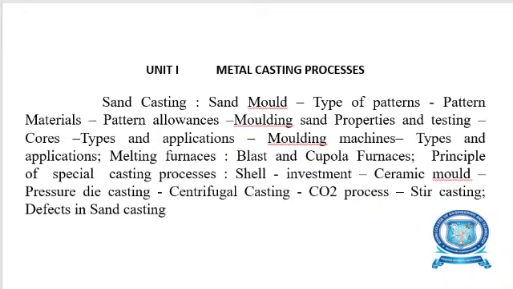Unit 1. Metal casting process. Contents are sand casting, sand mold, types of pattern, pattern material, pattern allowances, molding sand properties and testing and its applications, core type and its applications, different molding machines and their applications, melting furnaces like flash and cupola furnace, principles of special casting processes like shell casting process, investment casting process, ceramic mold casting process, pressure die casting process, centrifugal casting process, CO2 casting process, stir casting process, and finally defects in sand casting.